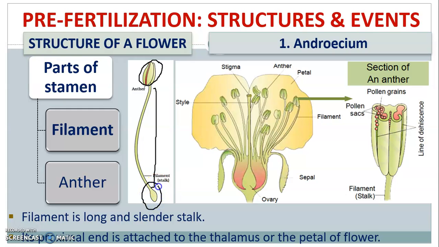This proximal side is fixed in the thalamus of the flower. So this is the thalamus of the flower. So we can say this is the filament. The anterior part of the filament has the other part of the stamen, that is the anther, and the proximal part gets fixed in the thalamus of the flower. Move ahead.